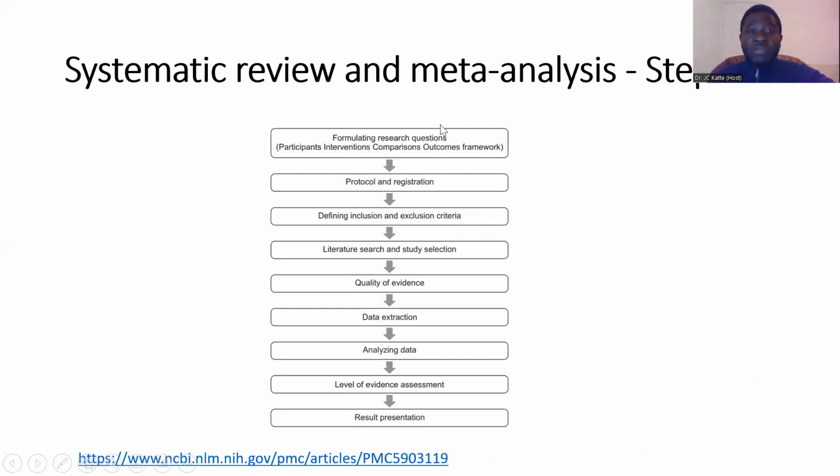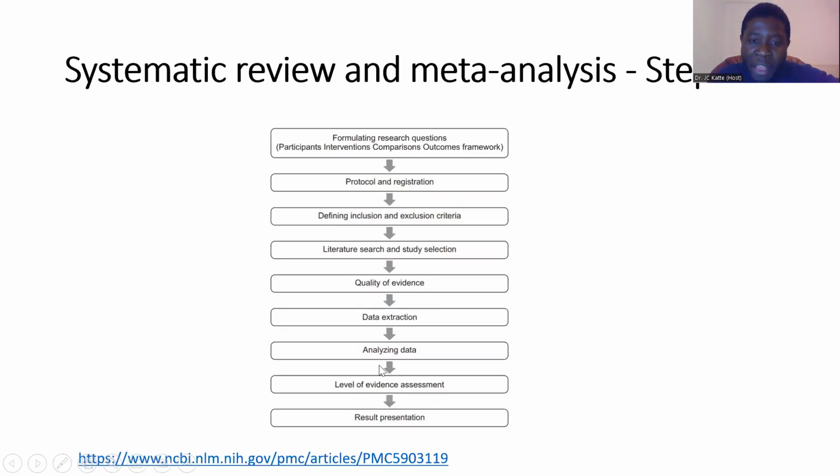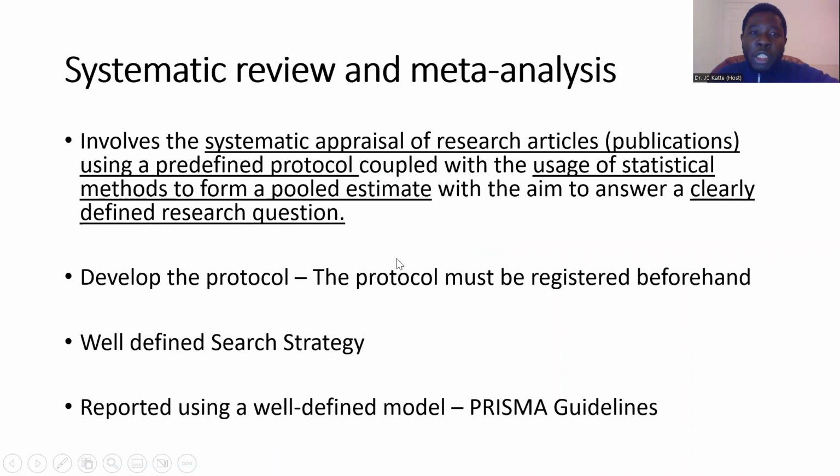But for a systematic review, you follow these particular steps that are in the PRISMA guidelines, and in the part of the analysis, it's the part where you pool your data to create single estimates. So that is the meta-analysis part of it.